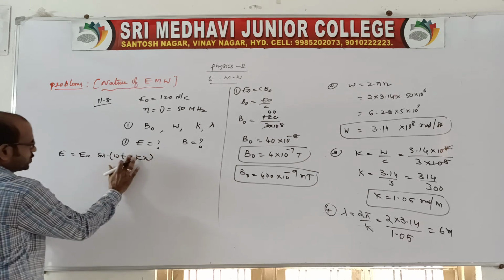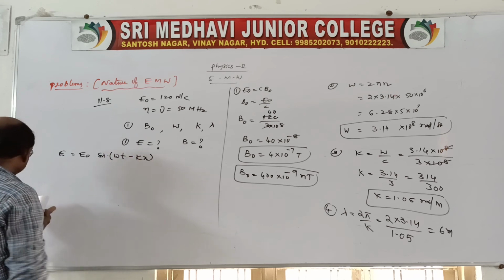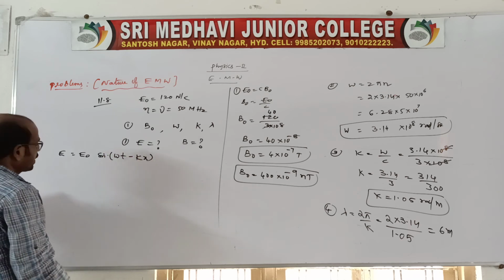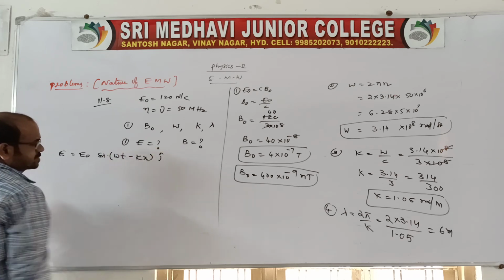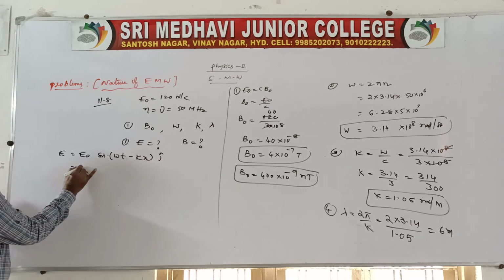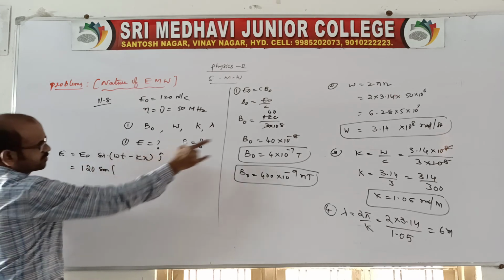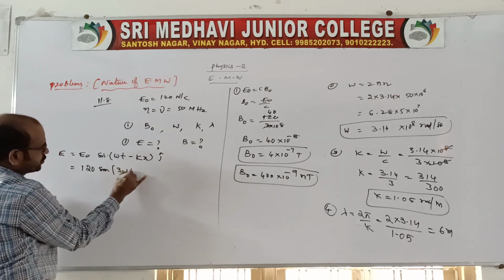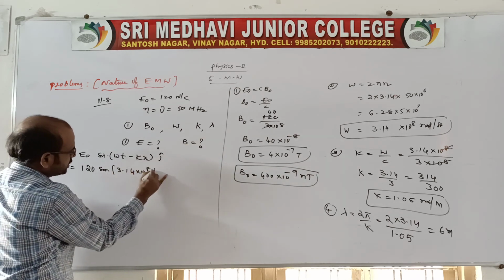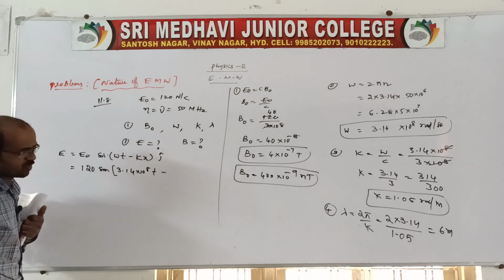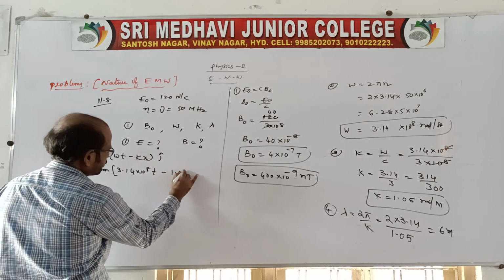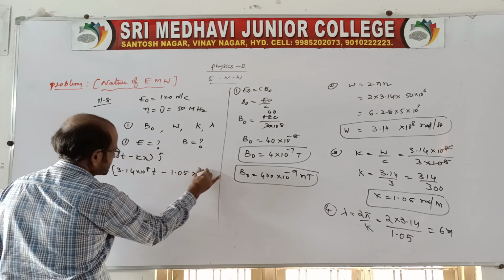Here E naught is 120, sine of omega, which is 3.14 into 10 power 8 into t, minus k, which is 1.05 into x, in the j cap direction.